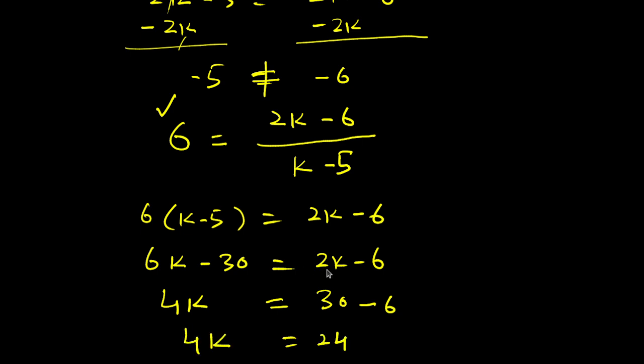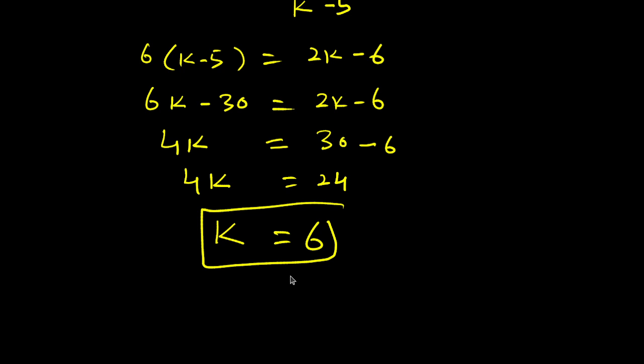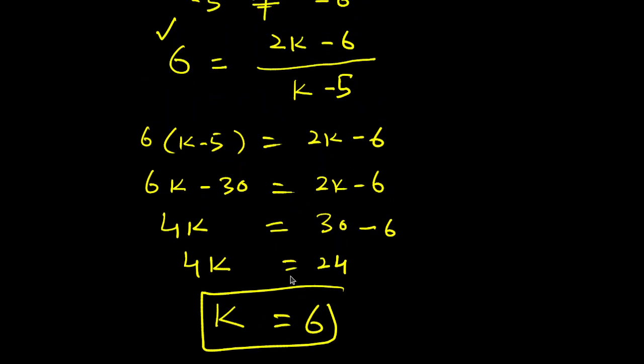Now dividing both sides by 4, you are left with k equal to 6. If I am not wrong in my calculations, 6k minus 2k is 4k, and 30 minus 6 is 24, so k is equal to 6. All right, I hope I am correct in calculation. So this is the value of k.